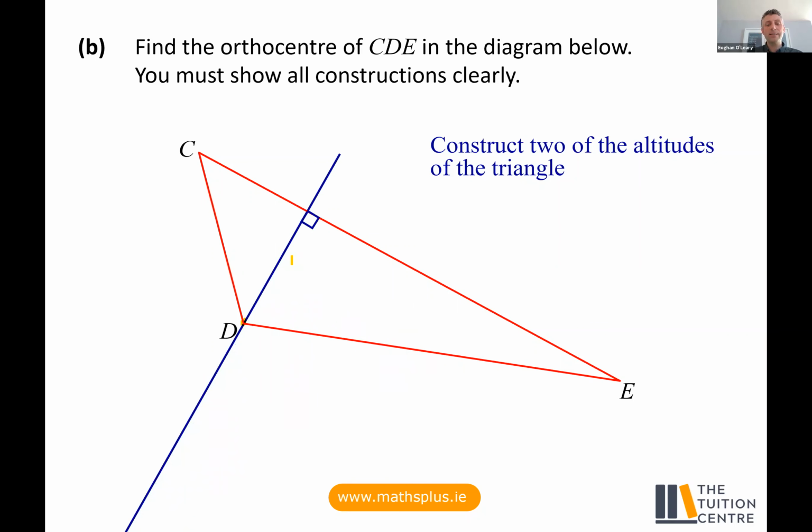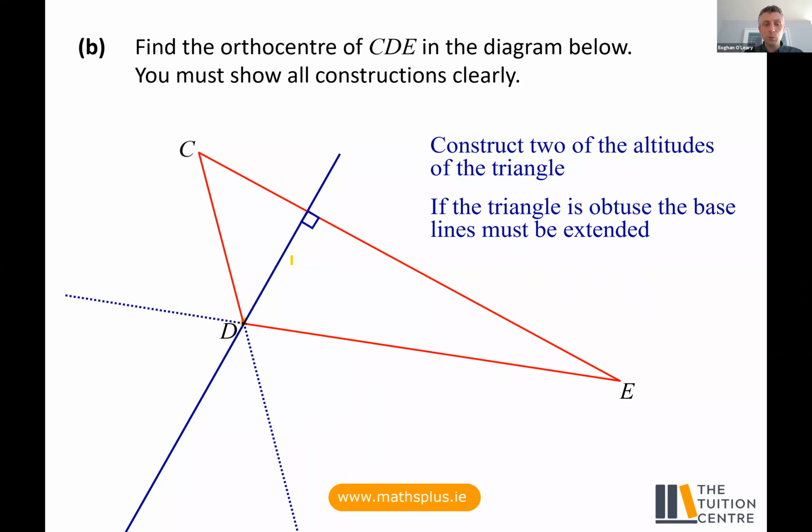Now it's not quite as easy to construct either of the other two altitudes because of the fact that it's an obtuse triangle. So what we do is we continue on those side lengths through CD, we continue on down here, and through ED, we continue on over here.